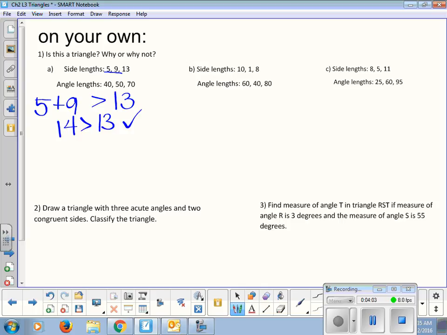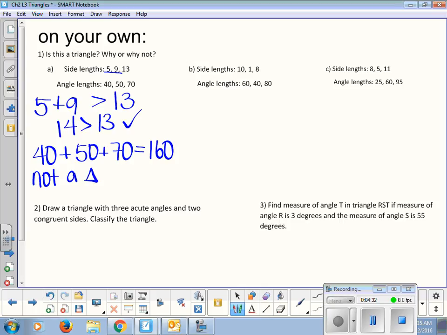The second thing we need to check is to make sure our angles add up to 180. So I'm going to add 40 plus 50 plus 70, and what do we get when you add these three values? 160. So is this a triangle? No, and it wants us to explain why.